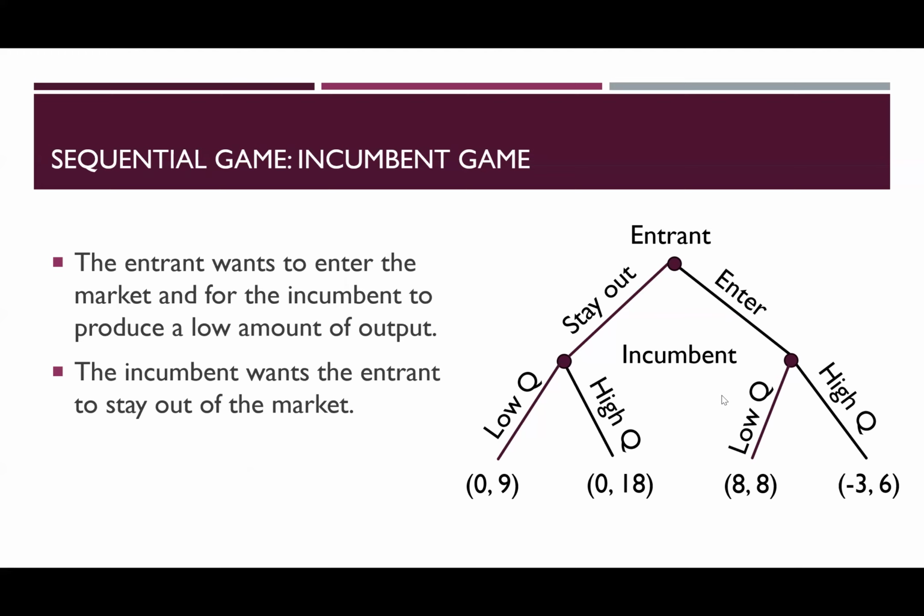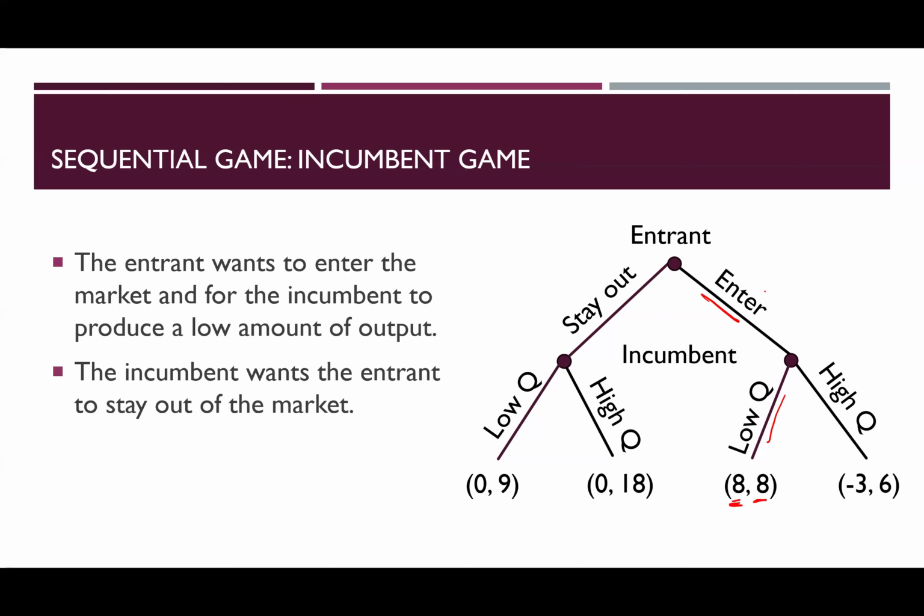The entrant, if they enter the market, wants the incumbent to produce a low amount of output so that they get good returns, while the incumbent wants the entrant to stay out of the market, right? And we can see this reflected in the payoffs. If the entrant enters and the incumbent produces a low amount of output, then they each earn 8 in payoff.